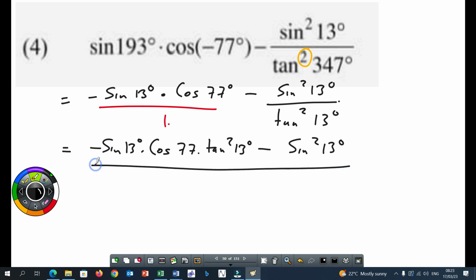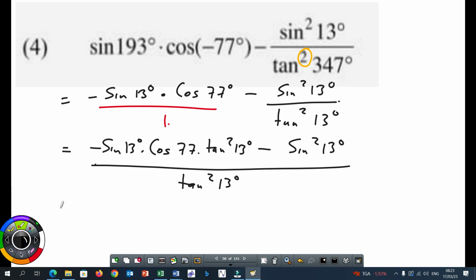This is all over tan squared 13 degrees. Now, this tan squared 13 degrees, I can write as sine squared over cos squared. Please be aware that I might be taking a long route, but it's fine because I'd already started it. So I can't stop.